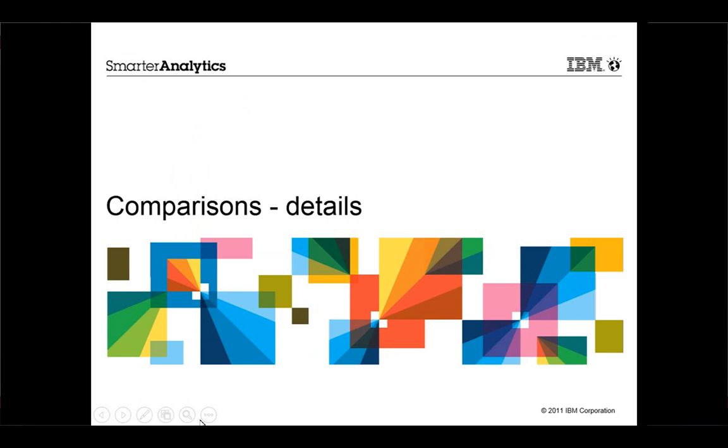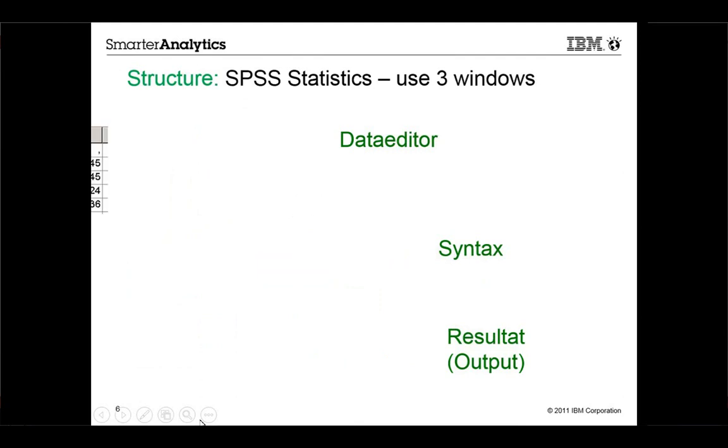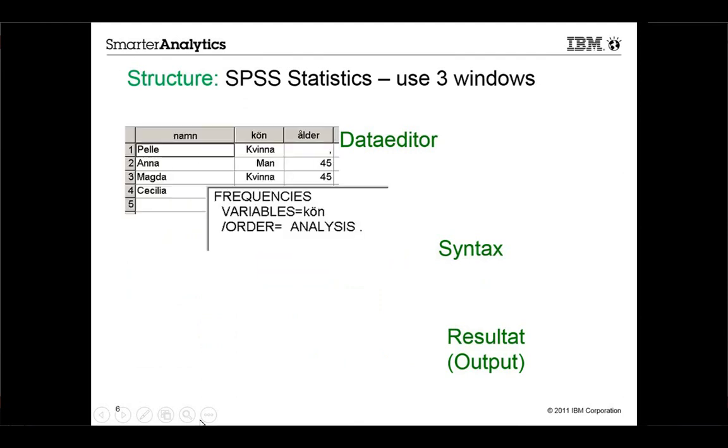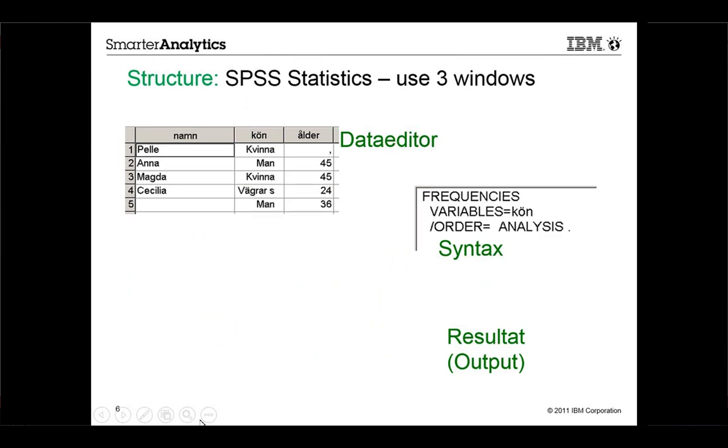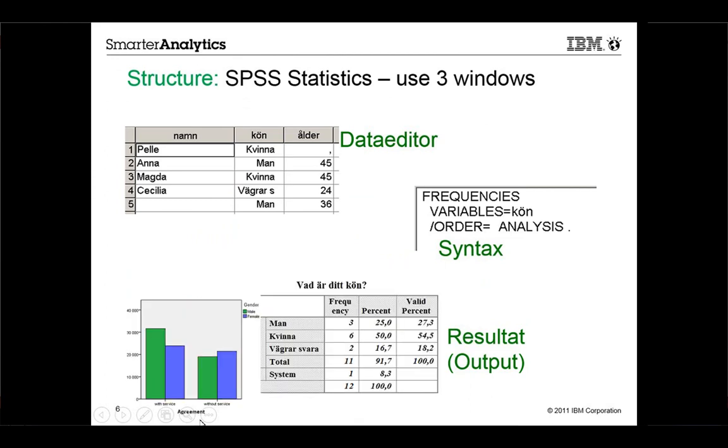If we go into the details, the structure is also different. In SPSS Statistics, we use 3 windows. Start with data, always in the data window. You have the programming, if you want to use that, in the syntax window. And then the results, the output, is in the 3rd window. So you split this, so you have a good structure about everything.